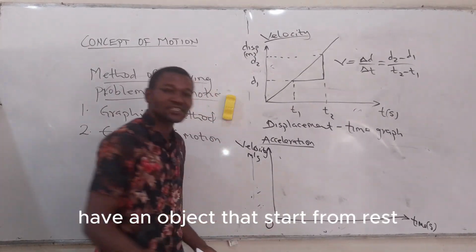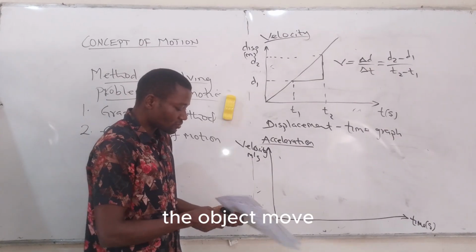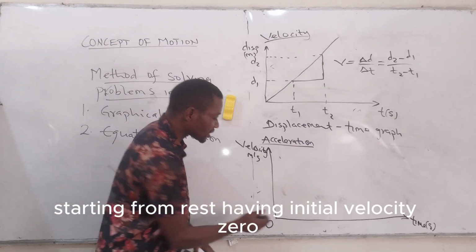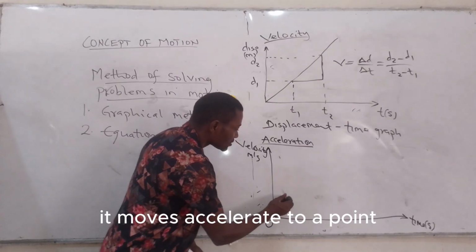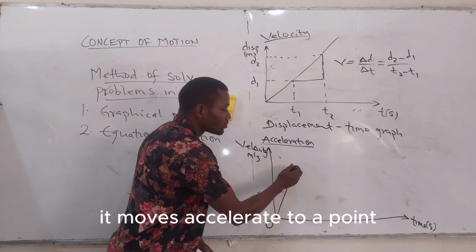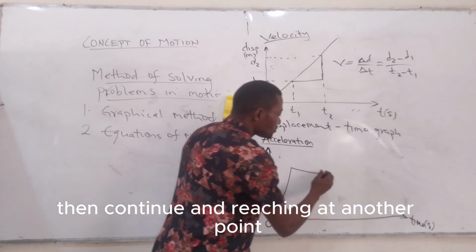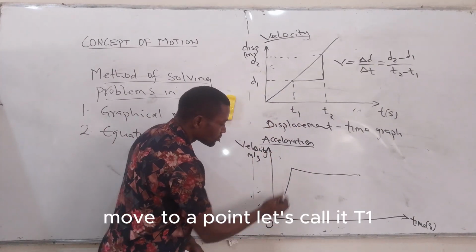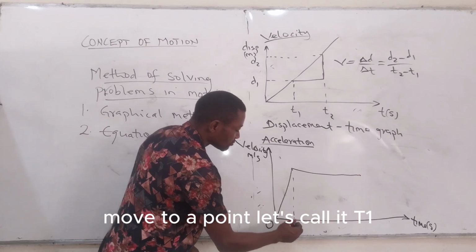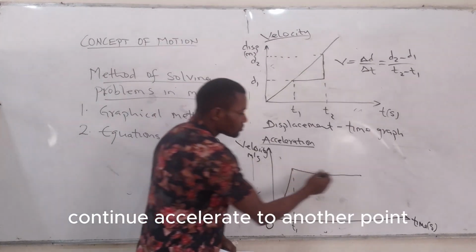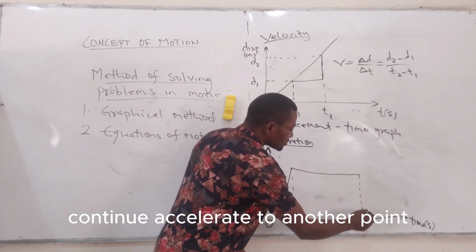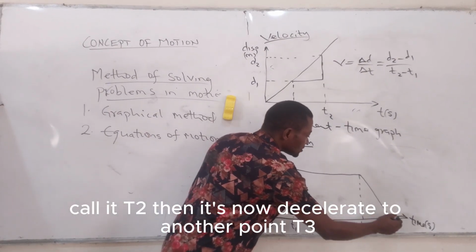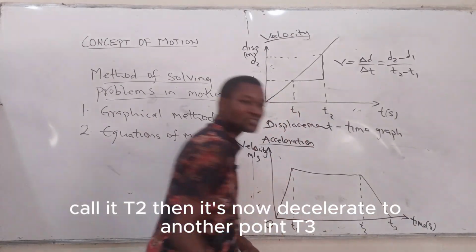Have an object that starts from rest. The object moves starting from rest, having initial velocity 0. It accelerates to a point, then continues and reaches another point, T1, continues to accelerate to another point, T2, then it decelerates to another point, T3.